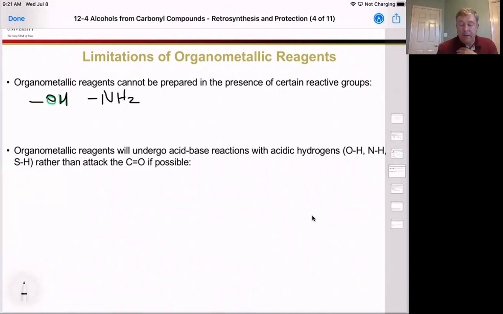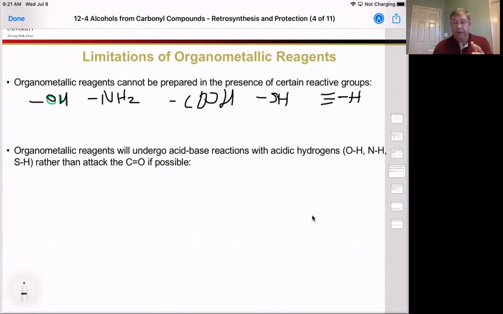Right here, we can't have anything that's a carboxylic acid because it'll deprotonate that. It can't even have anything like a thiol. Those would be able to deprotonate, and you can't have an alkynyl hydrogen available to be deprotonated because it's acting as such a strong base.